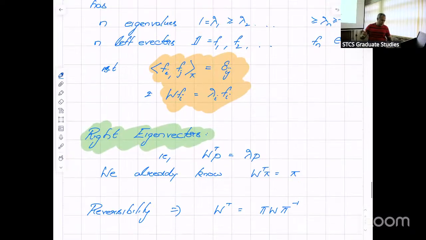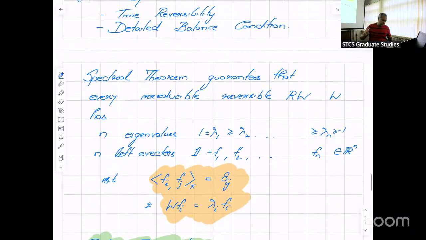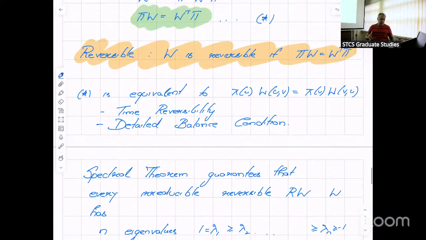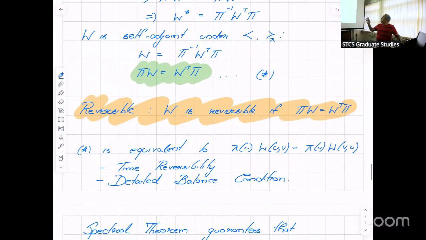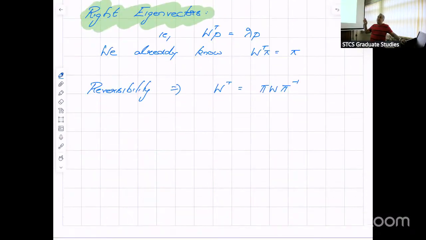I think I got the thing on the right. Yeah, it's pi W pi inverse. This should tell you, if f is an eigenvector with W f equals lambda f, then I want to claim pi W pi inverse pi f. What is it?